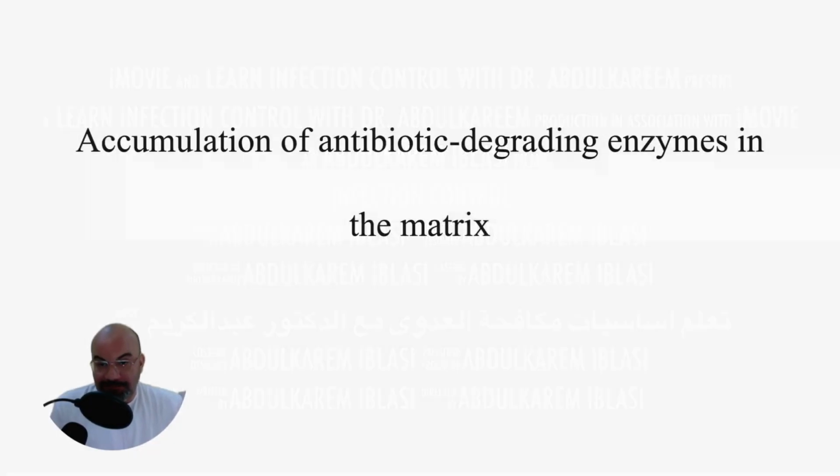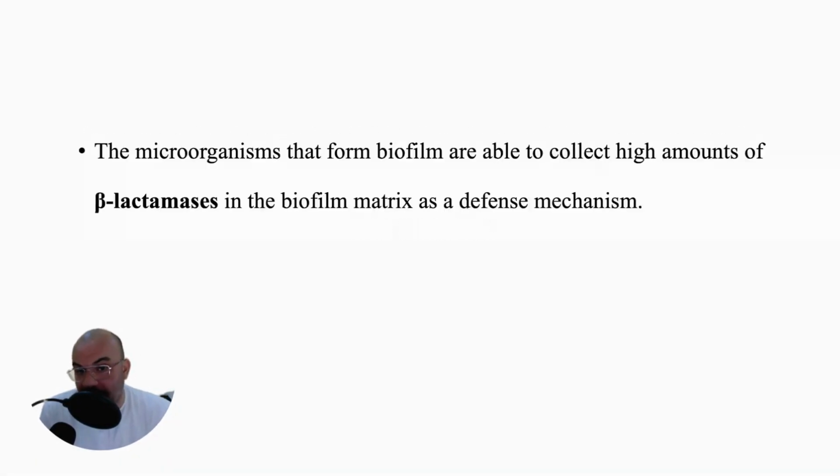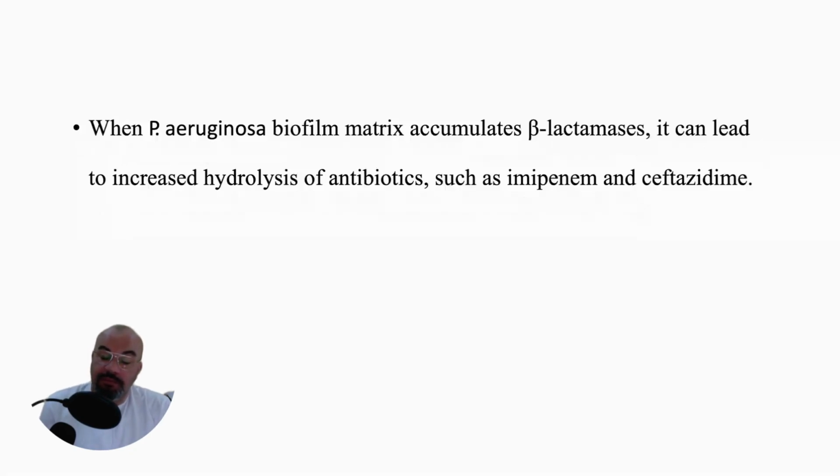There is accumulation, for example, of beta-lactamase in the biofilm matrix. And this accumulation starts to play the role of defense against the impact of antibiotics. Let's see what the studies have already provided for us.